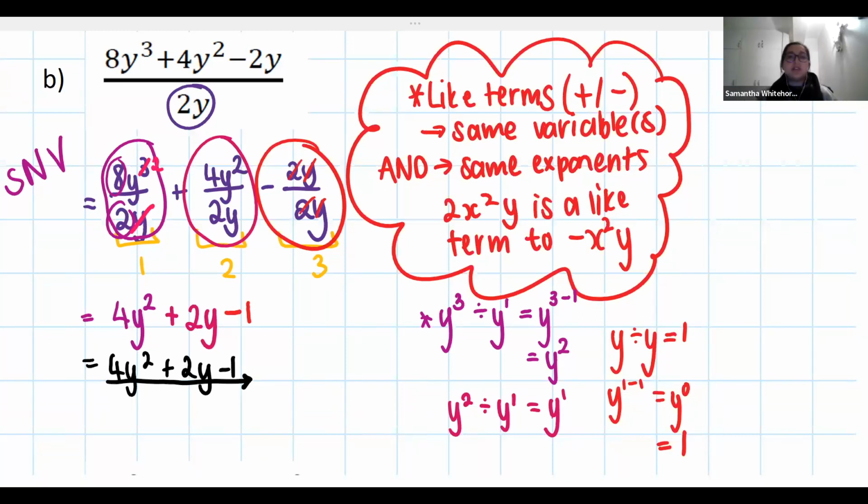Right, good, grade 8. So while you're screenshotting, if anyone has any questions, now is the time to raise your hand. Otherwise, we're going to have a look at another one. Remember, you're screenshotting.